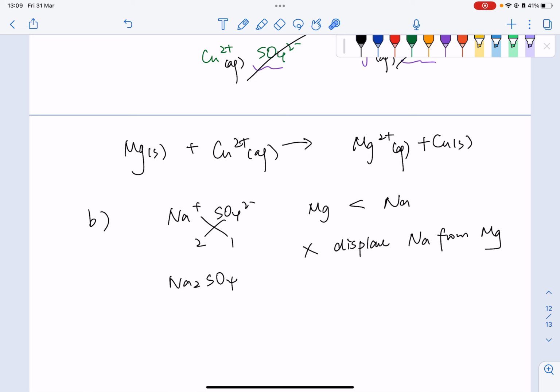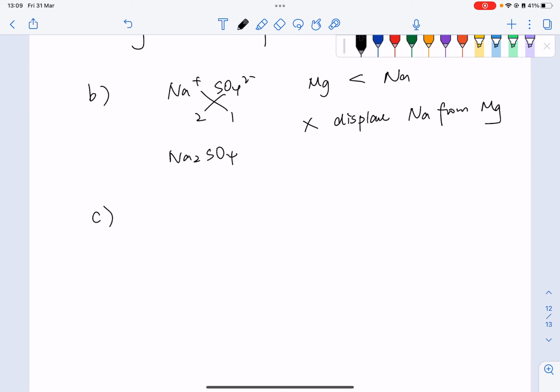All right, the later part: deduce the order of reactivity of the three metals, copper, magnesium, sodium. Firstly, we should know that the order of reactivity is sodium greater than magnesium, also greater than copper. And then for the other parts, we could use displacement reactions. Let me write it here. So we have sodium greater than magnesium and greater than copper.